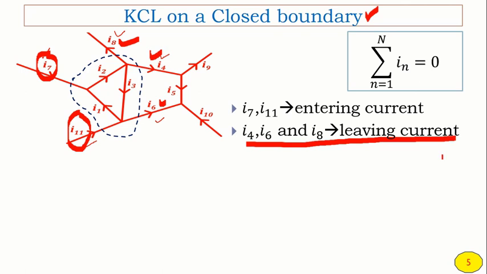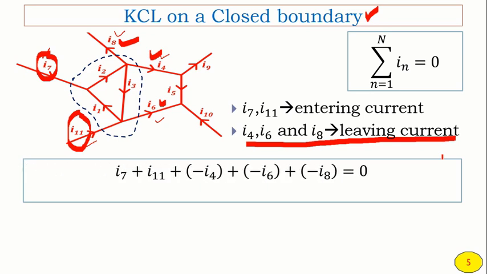So we can write the KCL equation for this closed boundary like this. That is I7 plus I11 minus I4 minus I6 minus I8 equals 0.